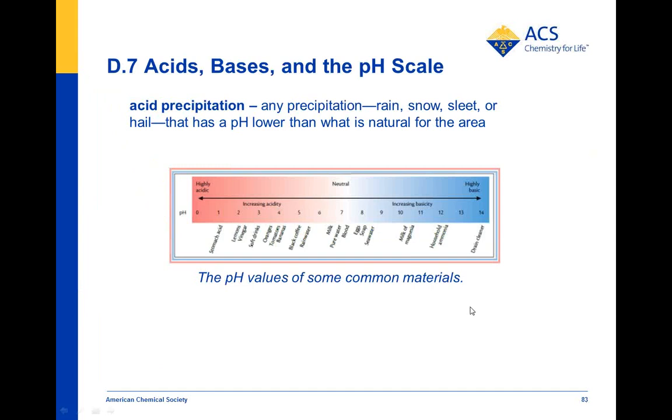And then the pollution ties us into acid, base, and the pH scale, because we talk about acid rain and acid precipitation. So we review the idea that normal pH is 7, above pH 7 is a base, below pH 7 is an acid. And so we're going to do a little bit with this now, and then we're going to come back to it again in Unit 4 in a lot more detail.